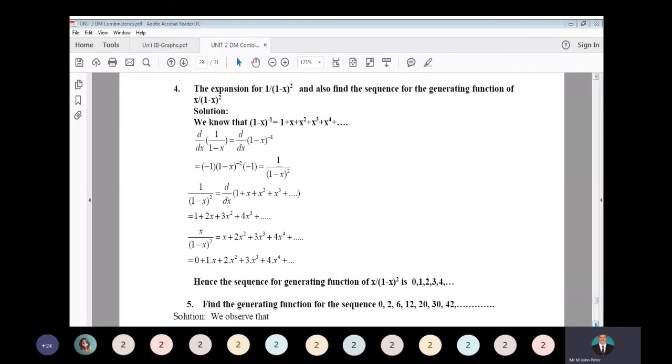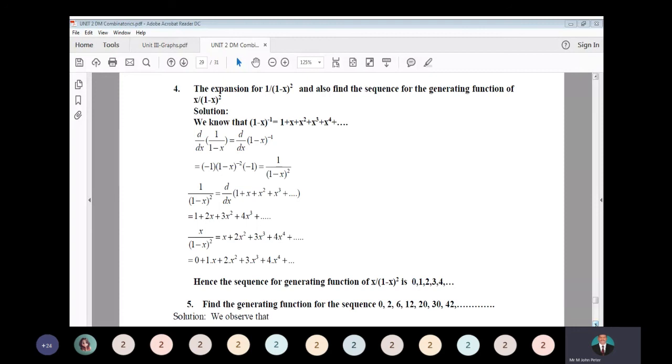Differentiate 1 divided by 1 minus x, we will get minus 1 into 1 minus x power minus 2 into minus 1, that is 1 divided by 1 minus x whole square. Similarly, differentiate the series 1 plus x plus x square plus x cube, you will get 1 plus 2x plus 3x square plus 4x cube.